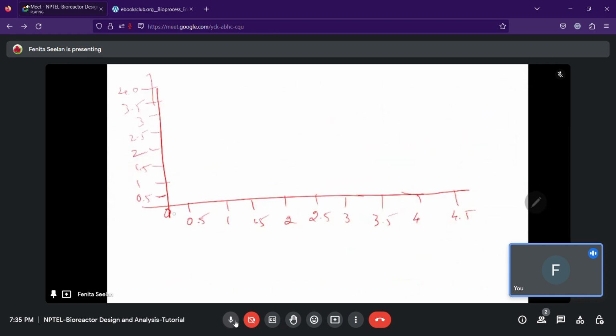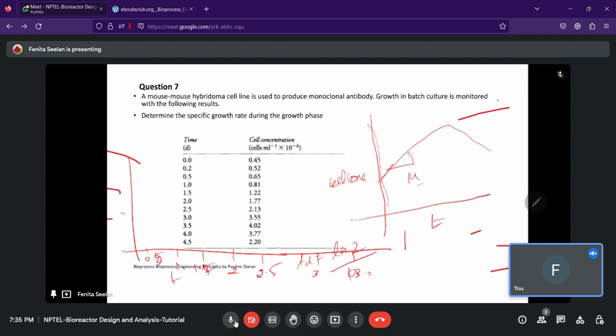Okay, it is 0.45. So let's try to put those values in the graph.